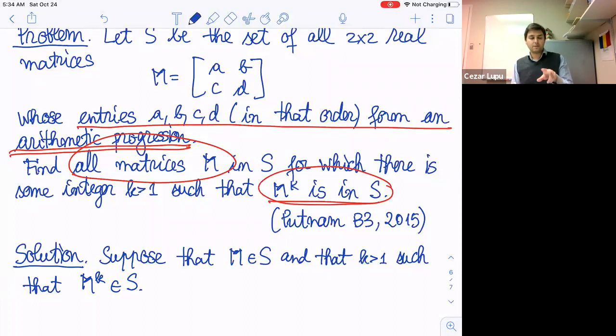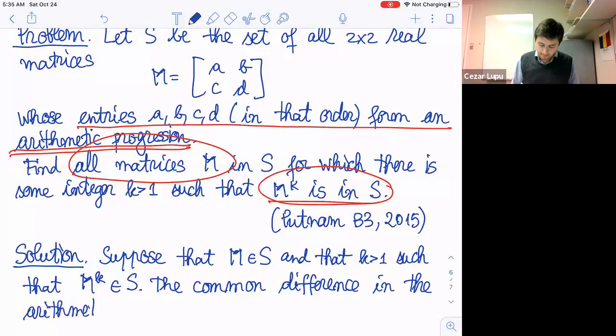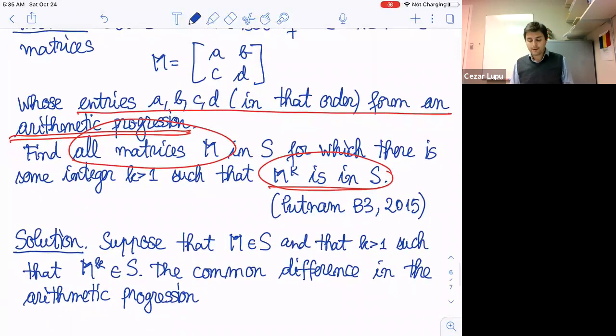Because we said that the common difference is constant, right? So the common difference in the arithmetic progression, let's say, is t.